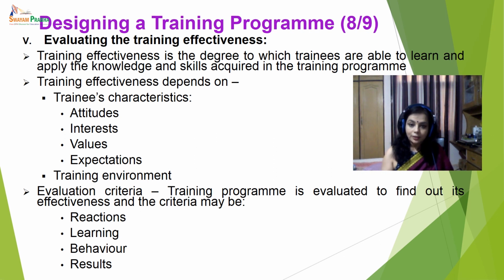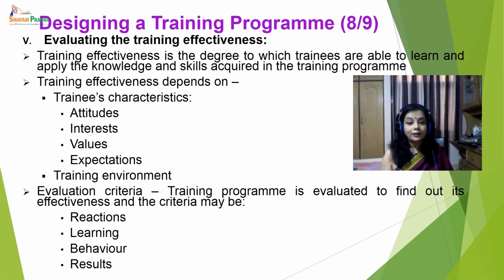If he has a positive attitude towards learning, then the training effectiveness will increase. Then his interest, if he is interested in the training program, again the training effectiveness will increase. Values, his value system will have an impact on training effectiveness, whether those values inculcate in him a quest for learning new things or not.